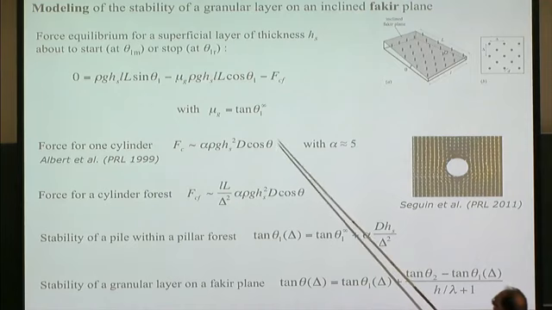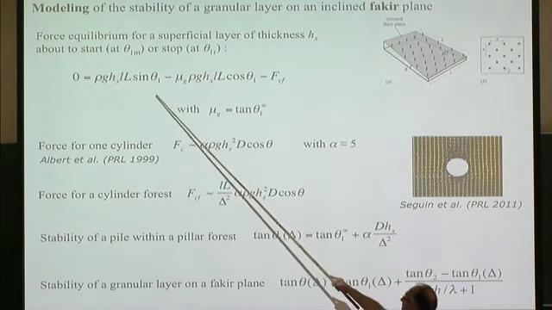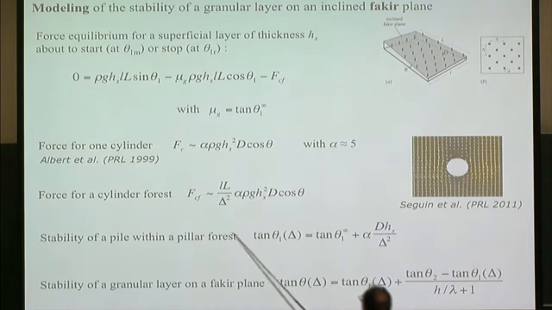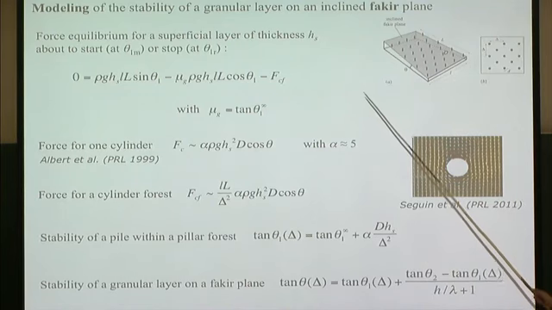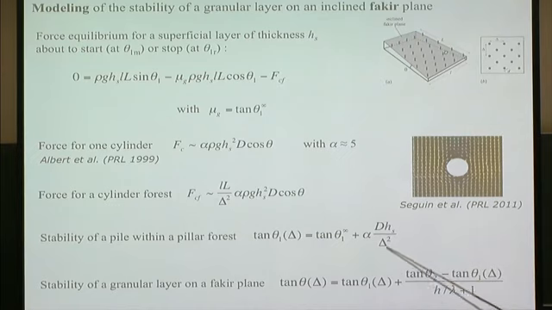And so when we do that, we can divide this by this, and so we can express the evolution of this angle when the spacing varies, which is given by this angle at infinite spacing, so the classical value, plus an additional resisting term that is given by this expression: the cylinder diameter, HS, which is the thickness of the granular layer, and the spacing squared.